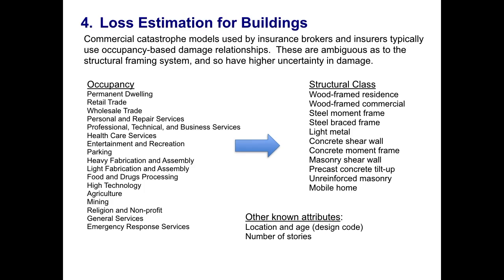If the insurance brokers or others using the software don't know the structural classes, they rely upon occupancy-based damage, so they will start with occupancies like dwellings or office or parking, and then the damage relationships become more general and have higher levels of uncertainty than damage relationships that are directly related to the structural system that's used to resist earthquake forces.